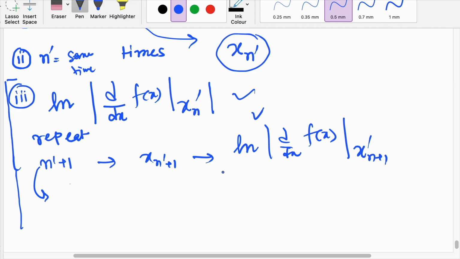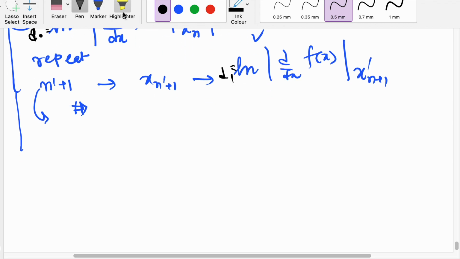So after iterating this, suppose this is d0, suppose this is d1, so you add d0 plus d1.